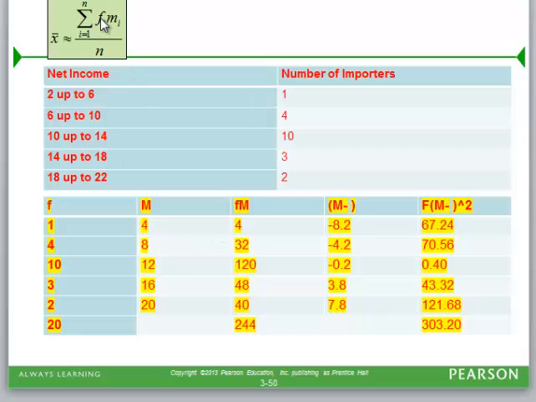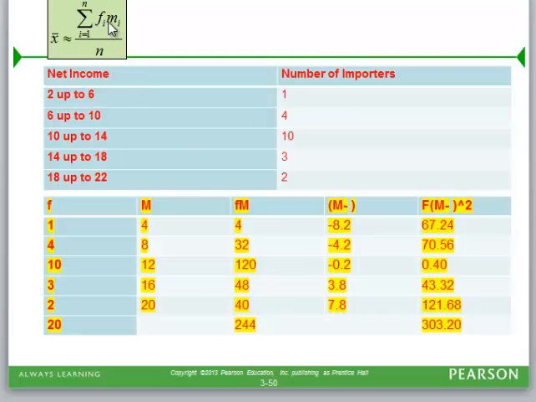Then we multiply the frequency by the midpoint. So 1 times 4 is 4, 4 times 8 is 32, 10 times 12 is 120, 3 times 16 is 48, and 2 times 20 is 40. And then we sum them up.